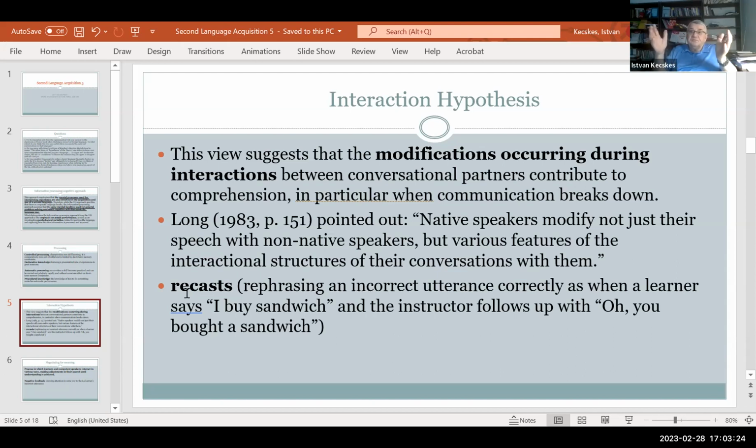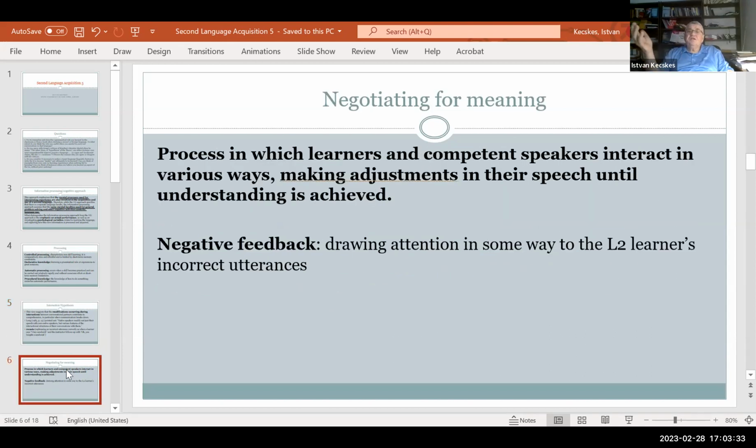One of them, as I mentioned, is this paraphrasing, this rephrasing, which is very important in the language learning process, and the other one was the negotiation of meaning. So negotiation of meaning, negotiation for meaning. This emphasized that basically people who communicate interact in different ways, and they constantly make adjustments while they speak to each other, and that helps understanding.